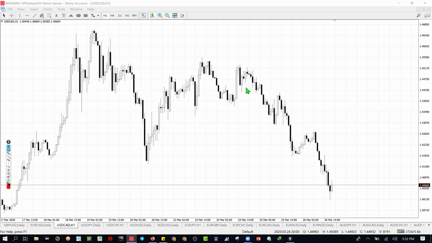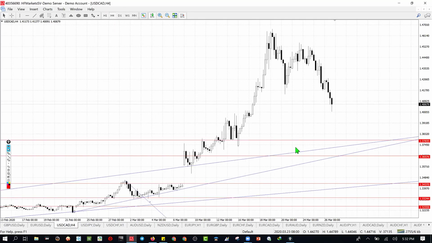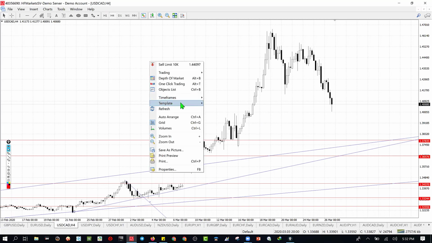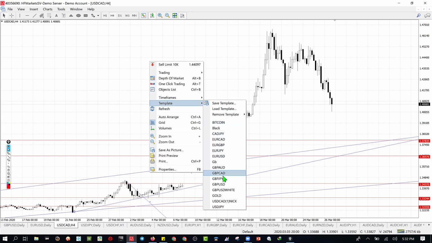Let's say, for example, on this particular chart right here, I want to take a trade. First I just want to clear this.